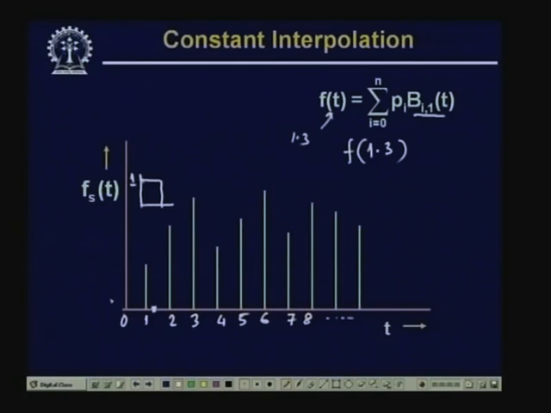So, if I interpolate this function using this b_i,1(t), you will find that this interpolation will be of this form.